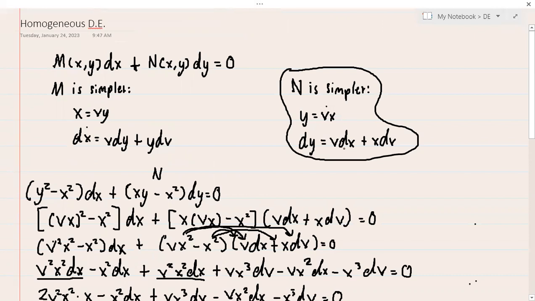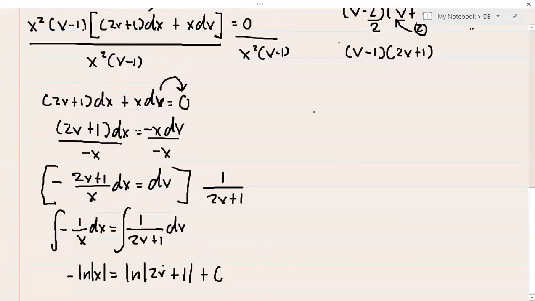So in other words, kailangan natin balikan si y. So as I said, we have y is equal to vx. So we can just divide both sides by x. So we will have y all over x is equal to v para mabalikan natin si y.